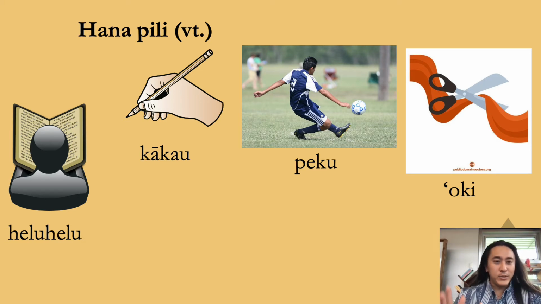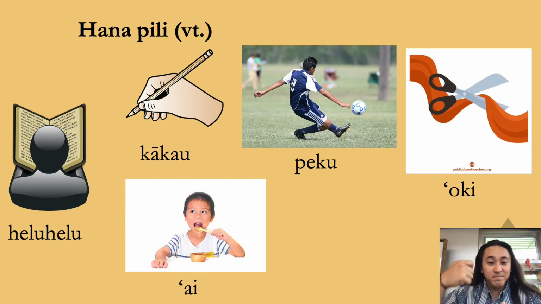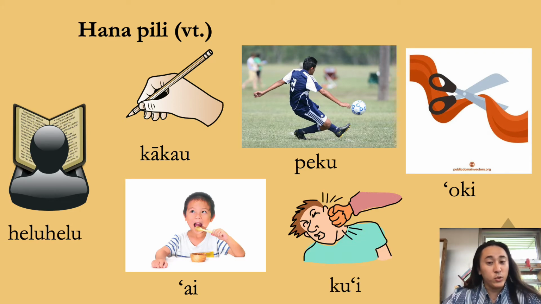'Oki au i ke kāloke, I cut the carrot. 'Ai, you have to eat something. 'Ai au i ka poi, I eat the poi. Kui, to punch. You have to punch something. Kui au i ko 'u hoa, I punch my friend. So all of these are dependent on something else in order to complete the verb.